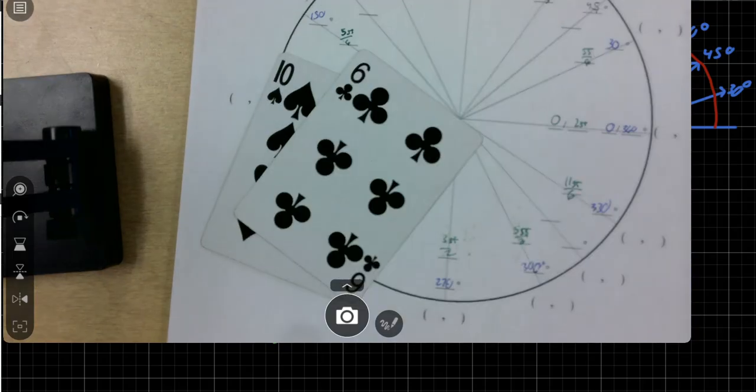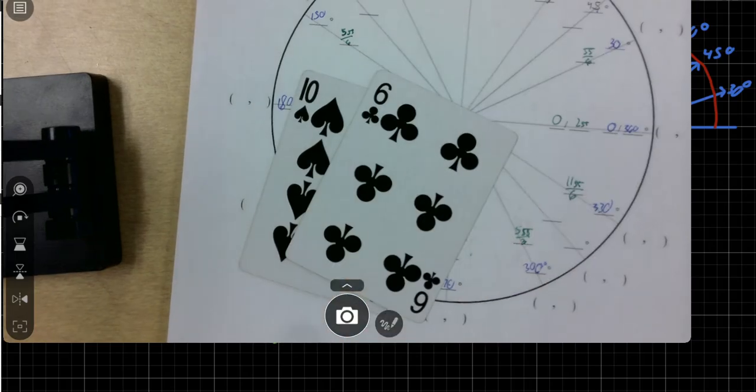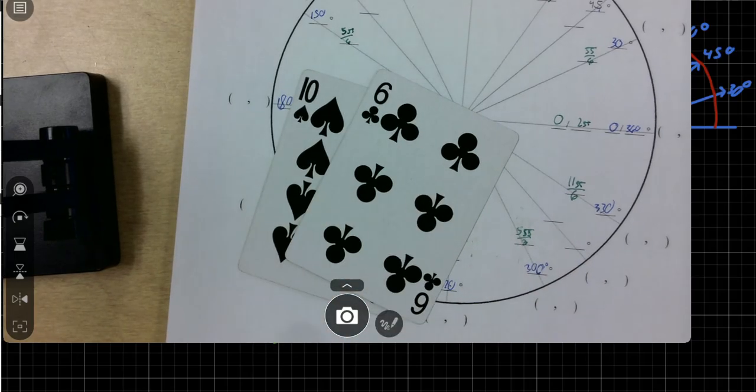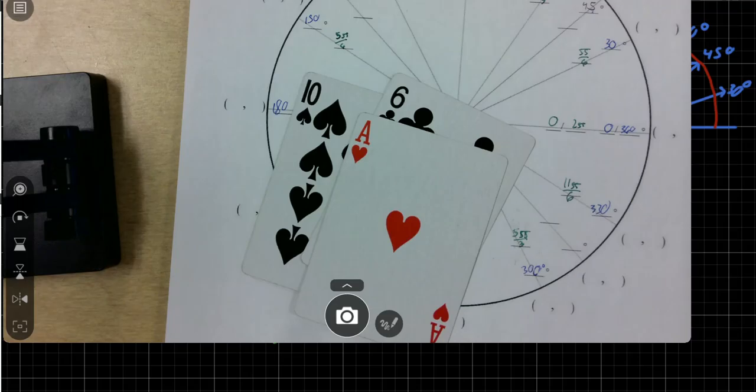Lower. Okay. Inbound, outbound. In between these two cards or outside of these two cards? Okay, ready? Ace, outbound wins. Okay, now suits. Diamonds, hearts, spades, clubs.